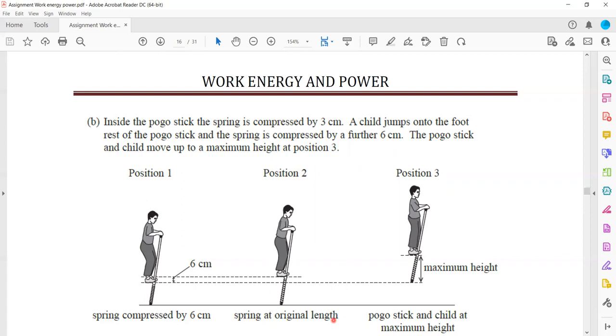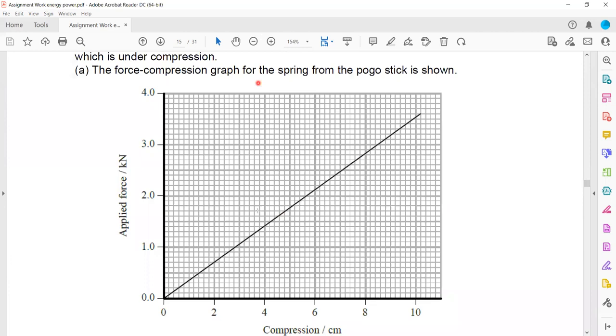So what we have to do is calculate the area of this graph. The spring is compressed till this point, it is already compressed. Then when the child is there, he further compresses by 6 centimeters. So the total will be how much? The total will be 9 centimeters.